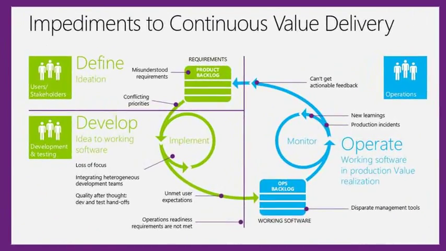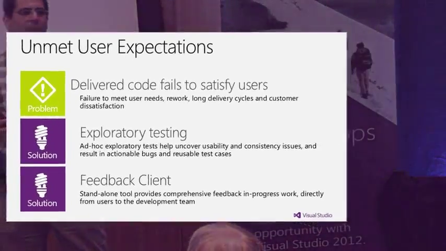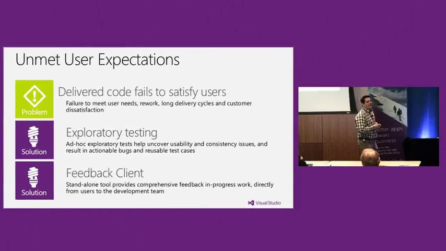Another issue I'd like to address now is unmet user expectations. I talked earlier about how customers do not always reflect customer intent. They're not always sure how to tell you what they need. That awkward moment where they say, okay, this is what I asked for, but not what I wanted.